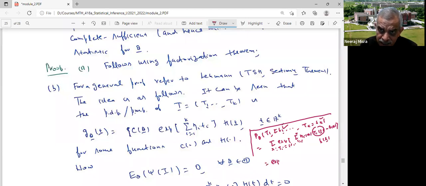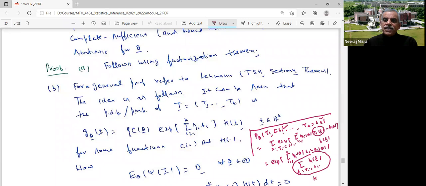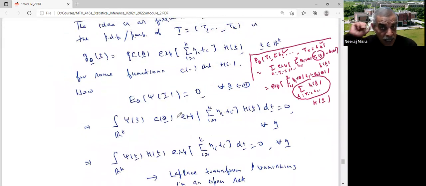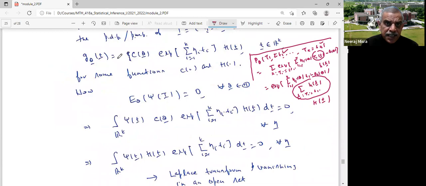So it becomes exponential of summation i equals 1 to k, eta i of theta, ti minus b of theta, into the sum over all those x such that Ti of x is the same as ti of h of x. This only depends on t1, t2, ..., tk, so you can take this as h of t. So the PDF of T1, T2, ..., Tk is g theta of t, which is c of theta exponential of summation.